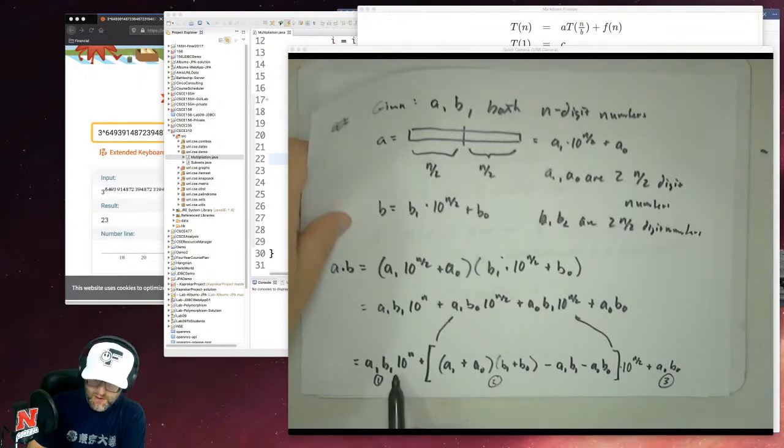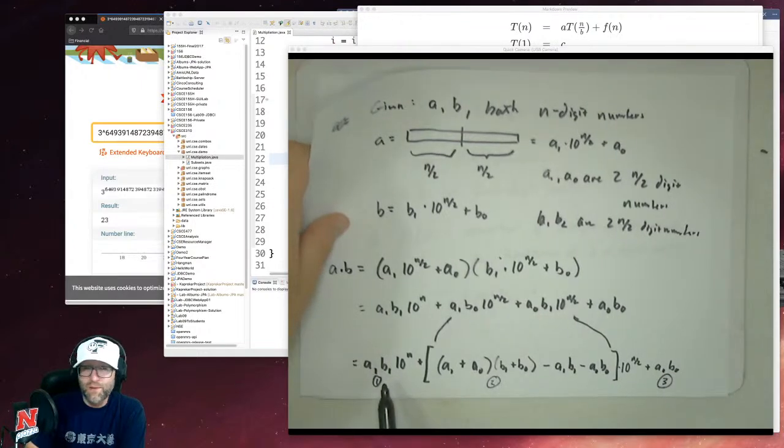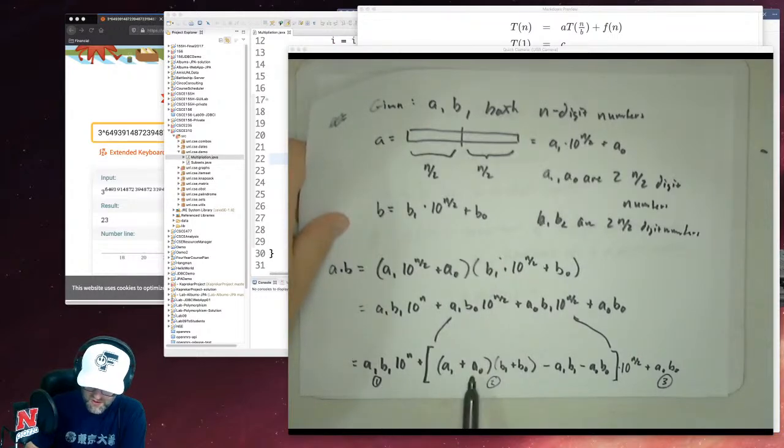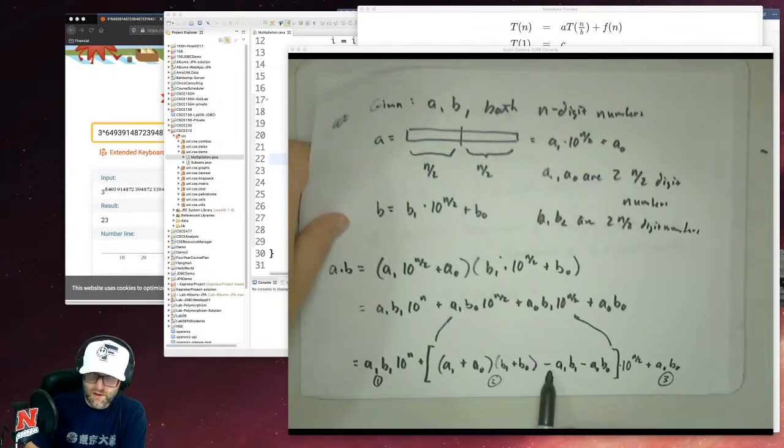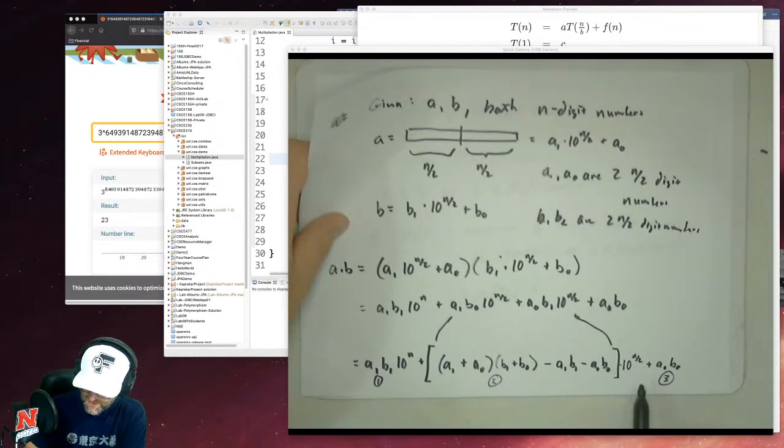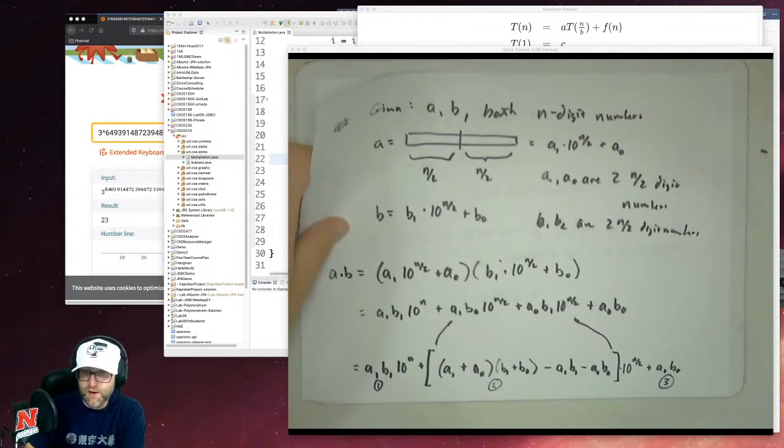This is a shift by 10. So you could consider that to be a non-recursive cost. We certainly do have a bunch of additions and subtractions, which are additions, because a subtraction is just an addition by a negation. So we've got 1, 2, 3, 4, 5, 6, yeah, 6 additions here.